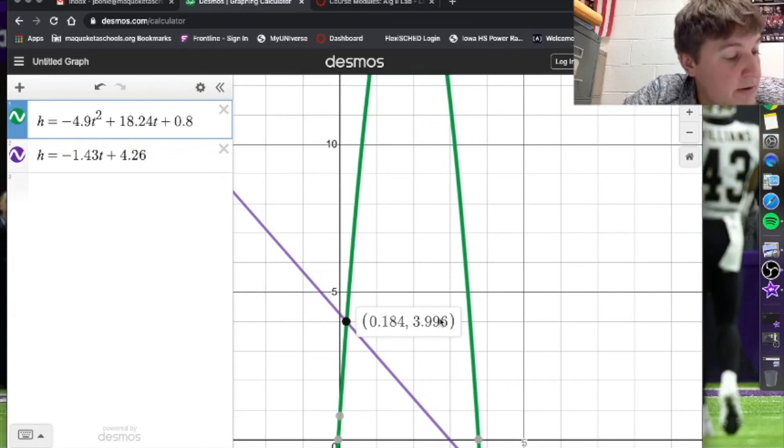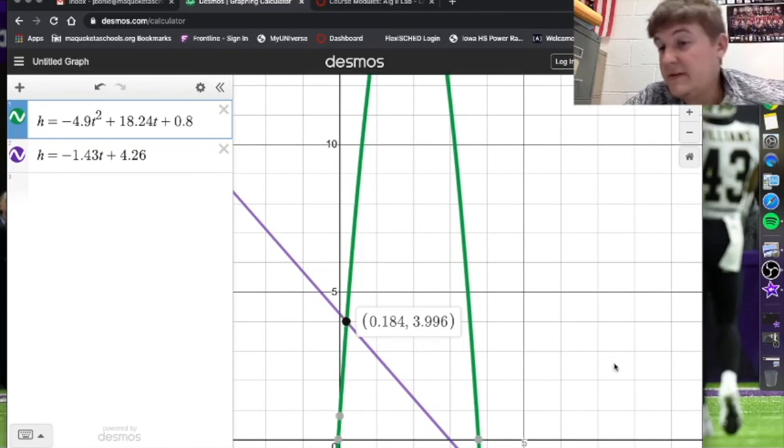So, can the blocker knock the punt down? Yes, they can, because their heights are going to be at the same spot at the same time. At what time does this happen? At 0.184 seconds, give or take. So right off the bat, the guy gets a good jump and manages to block it down.